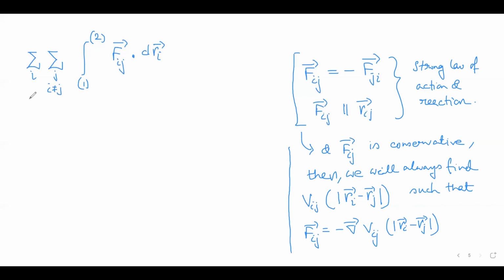So in the summation, we will always find terms like Fij dot dri plus Fji dot drj.